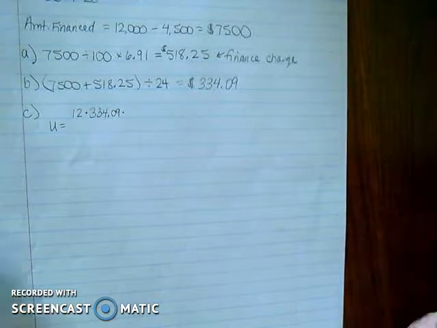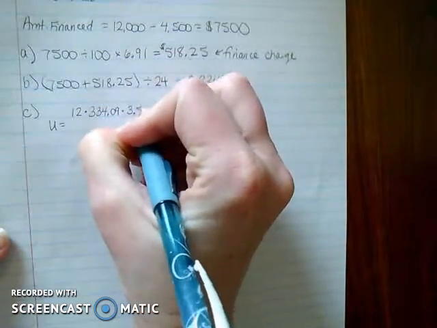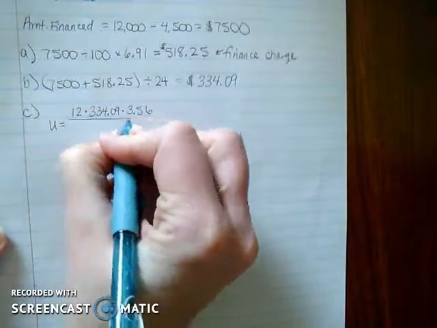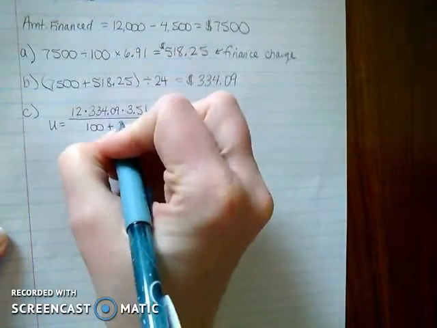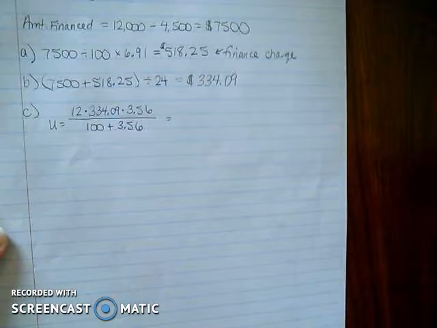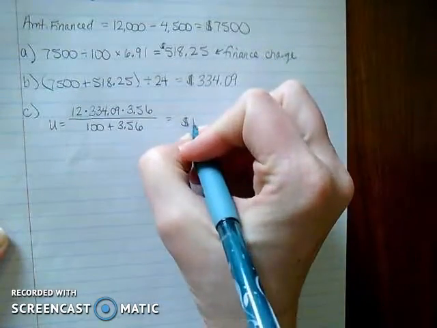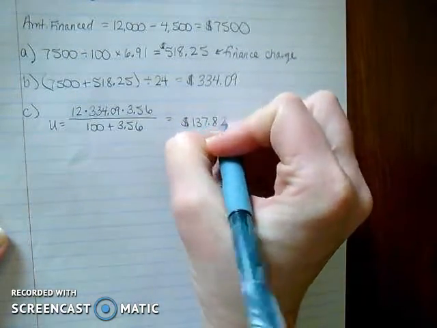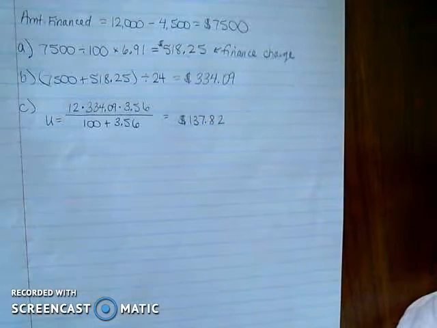And you should come up with 3.56 over 100 plus 3.56. That gives $137.82. So again, that's how much he gets to save by paying it off early.